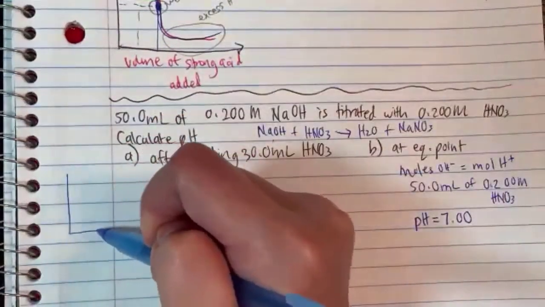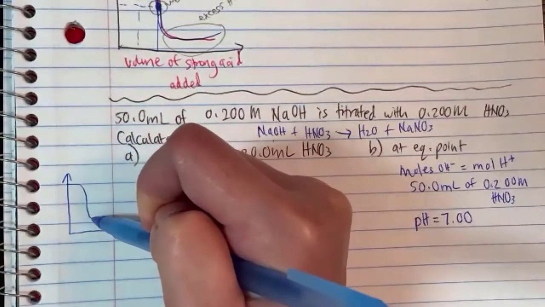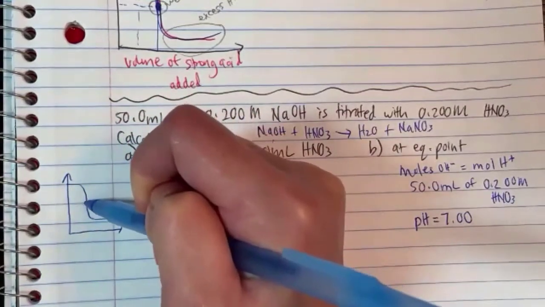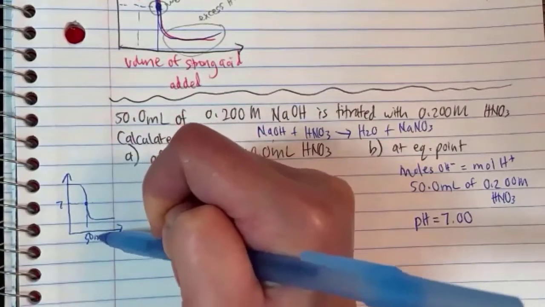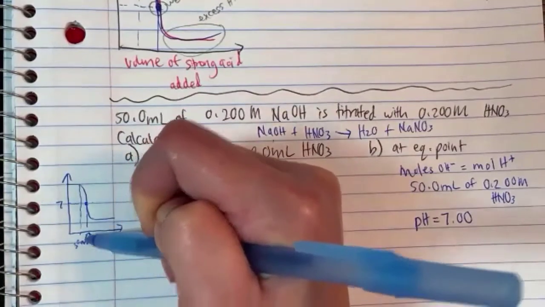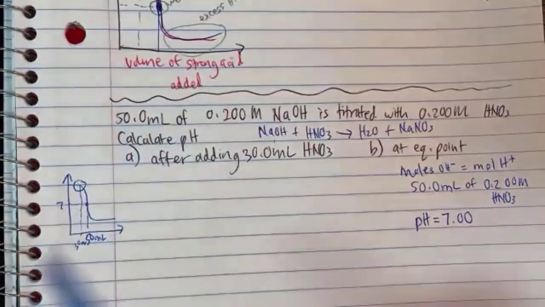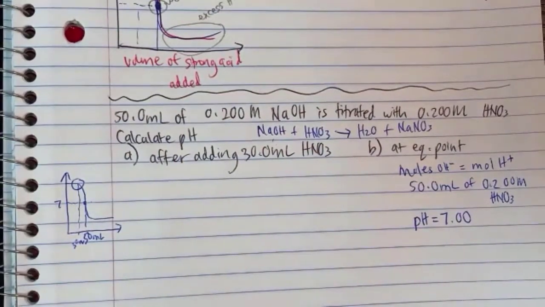So the picture is where you have a high pH and then it drops and then it goes down. So the equivalence point here is 7. This was like 50 mils here. They're saying find out where 30 is. So that's the point you're having to calculate. It's going to be a pretty high pH here. Okay, so just keep that in mind. You're not adding enough acid to reach the equivalence point. The pH will be kind of high.